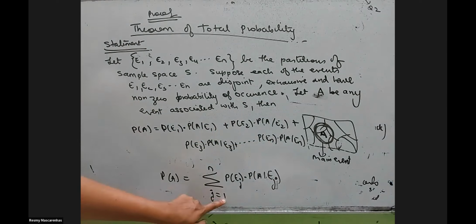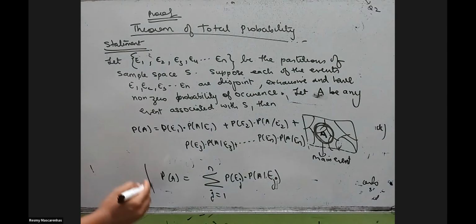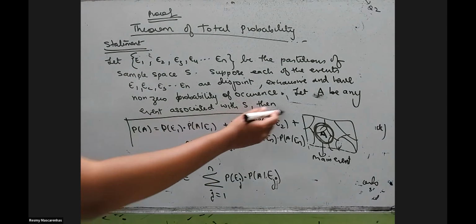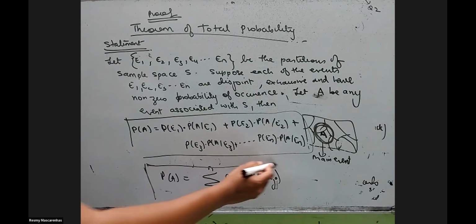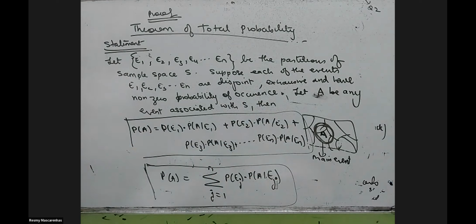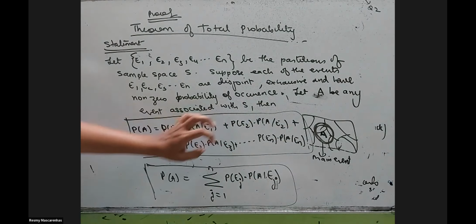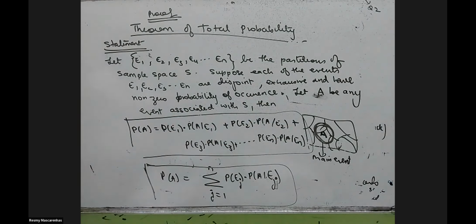So J value is from 1 to N. So either you remember this or while solving problems, you have to use this one, based on how many events there are. So this is the statement. We'll prove it.